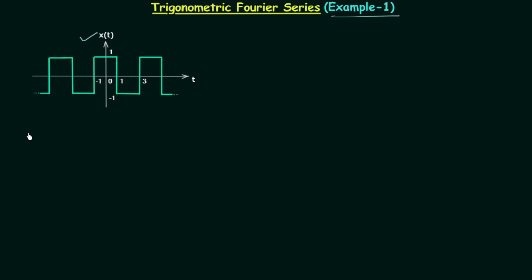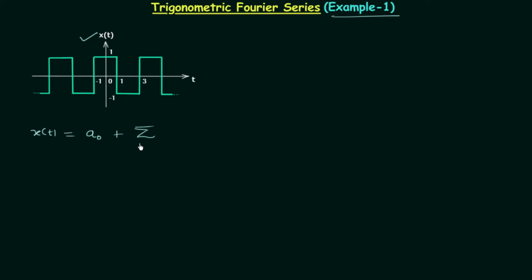So first I will write down the expansion, and then we will analyze the given waveform to reduce our calculations. Signal x(t) can be written as the sum of the DC value, or the average value of the signal, which is represented by a sub 0, plus all the cosine terms.